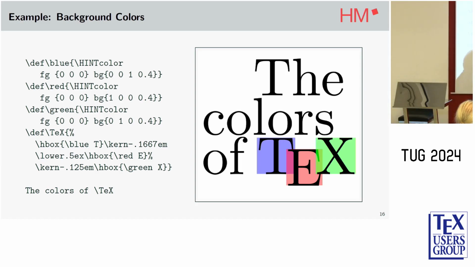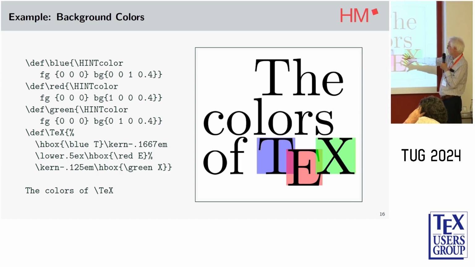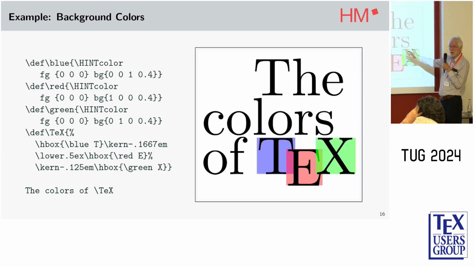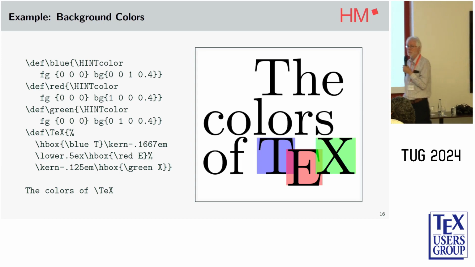Now when you display it here, you can see that every character is in a box, and the box has a background, and where the boxes overlap, you can see that here the blue background shines through to the red background, and here you have the green background on top of the red background, and you see also that the serif of the E shines through that green glass that is around the X. That's what you can do.